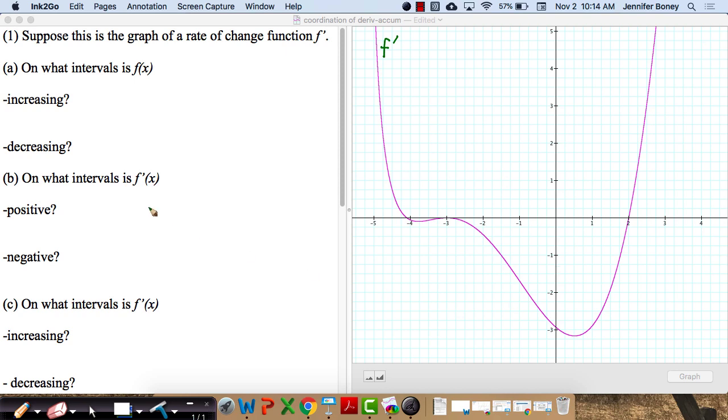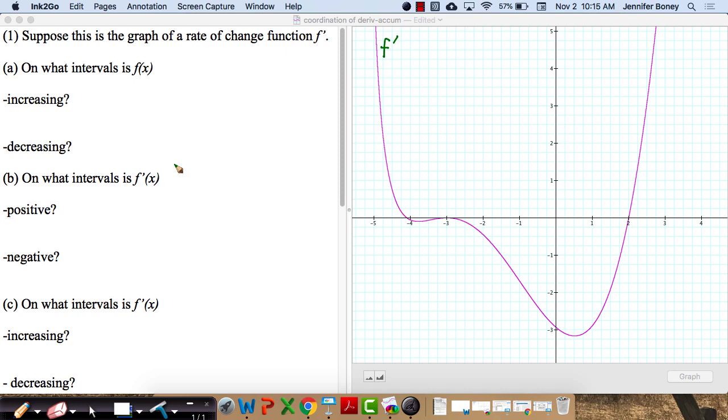So in terms of on what intervals is my rate positive or negative, this is a graph of my rate. So if this is a graph of rate and I want to know where it's positive or negative, well, the intercepts, the x-intercepts, are what divide those, right? That would be like in the previous question if I asked you where are the y values positive or negative.